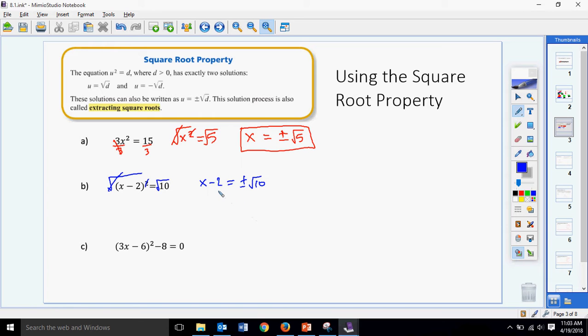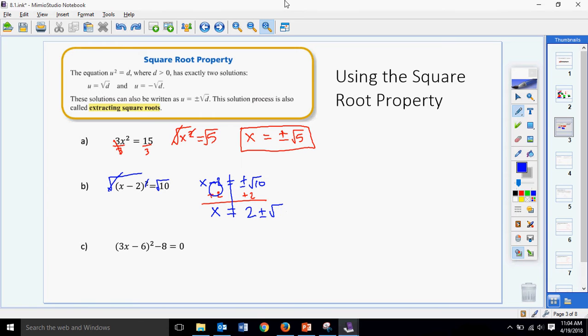Now x isn't quite by itself. I'm going to need to add 2 to both sides to get x by itself. So my negative 2 and positive 2 cancel. I'm left with x. Now, over here, I have a positive 2, and it's either being added or subtracted to the square root of 10.